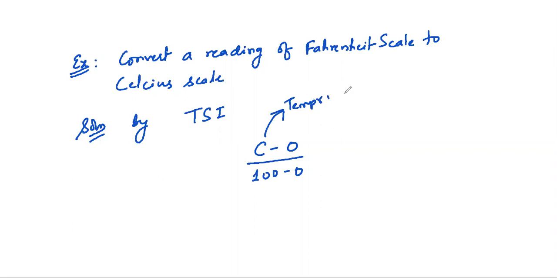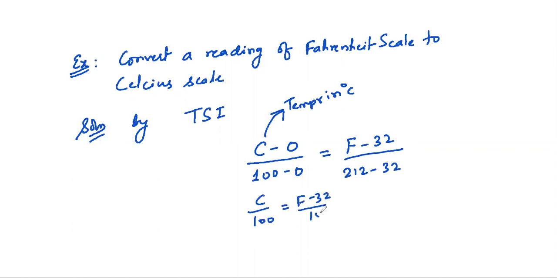So temperature in degrees Celsius minus the ice point divided by steam point minus ice point is equal to degree Fahrenheit minus ice point divided by steam point minus ice point. We'll use this to convert. So we'll get C by 100 is equal to F minus 32 by 180.